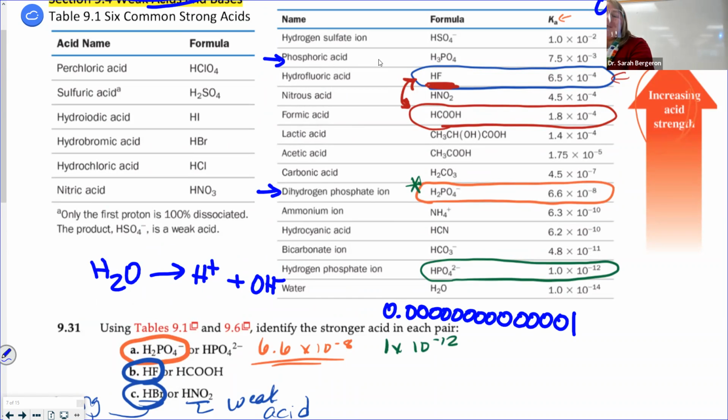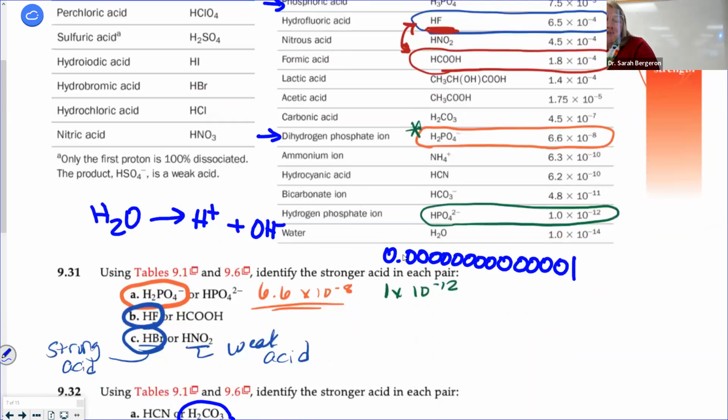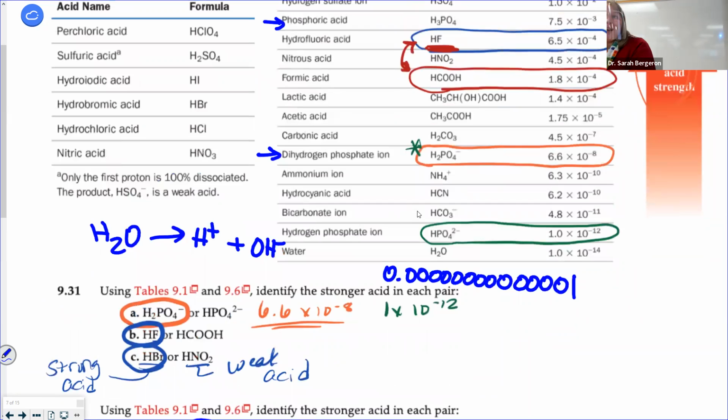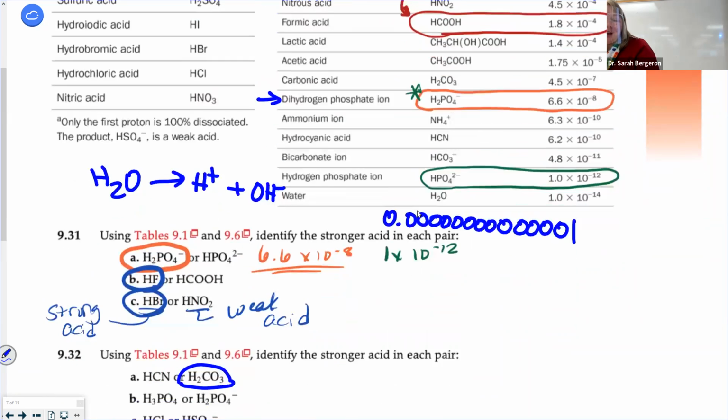So we're comparing phosphoric acid with dihydrogen phosphate ion. Which one is stronger? Phosphoric acid, right? Because it has the larger Ka value. So phosphoric acid. So is that the H2 or the H3? Be careful with that. It's the H3.